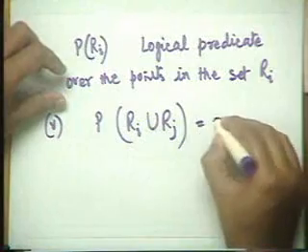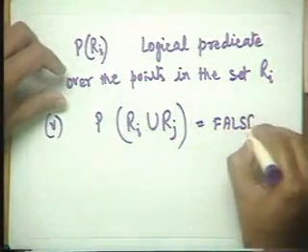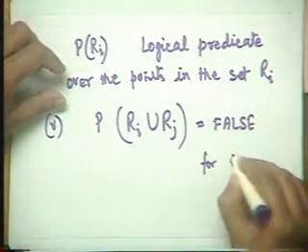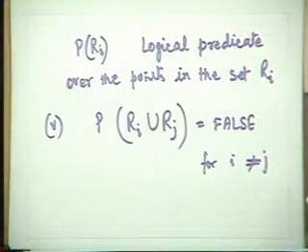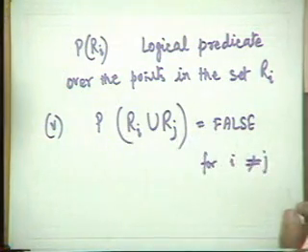So P(Ri union Rj) should be equal to false for i not equal to j. Only if i is equal to j will it be true.